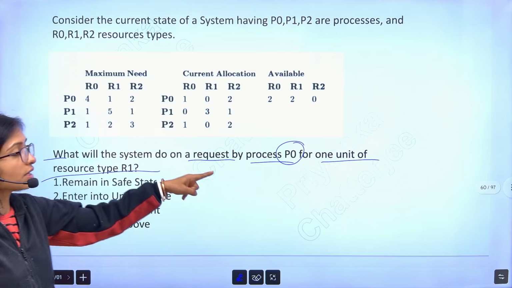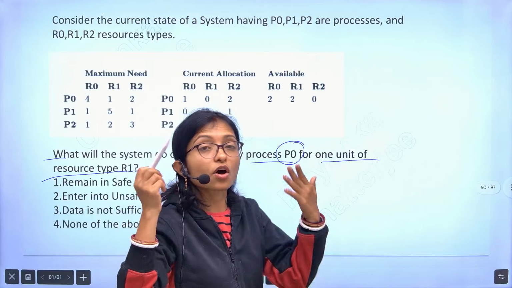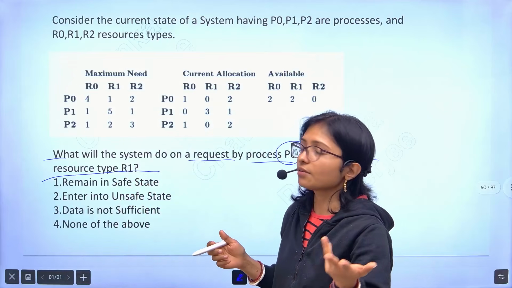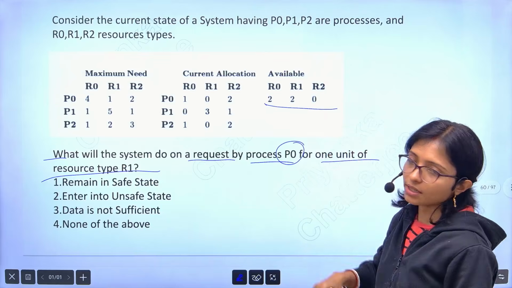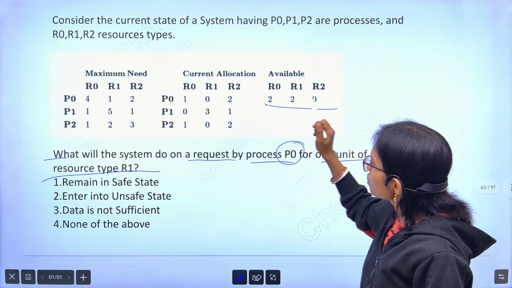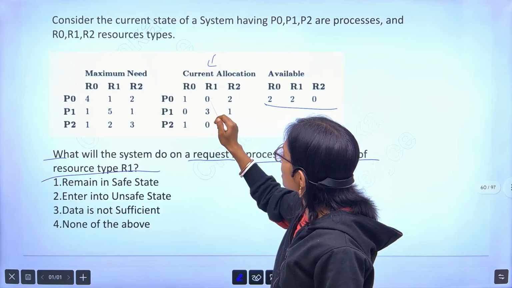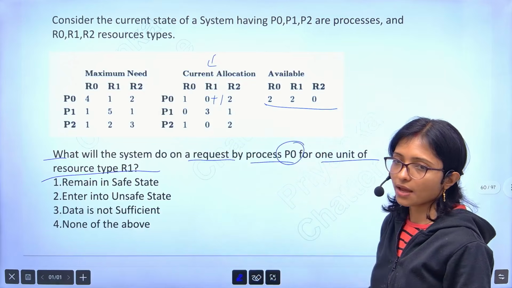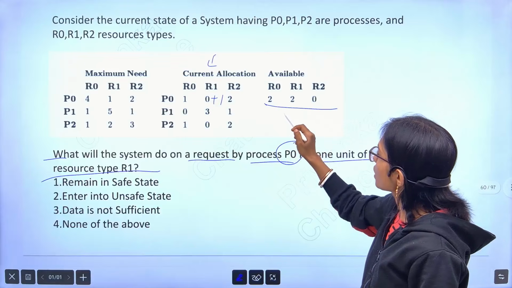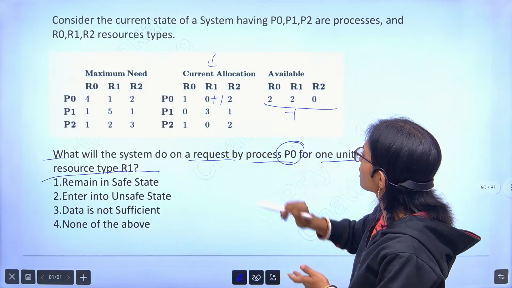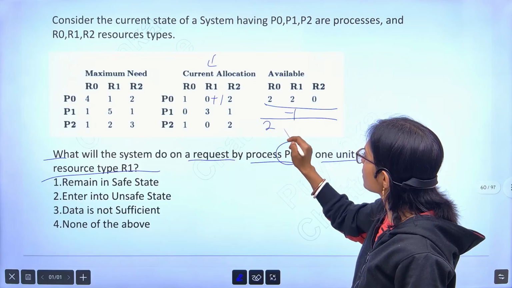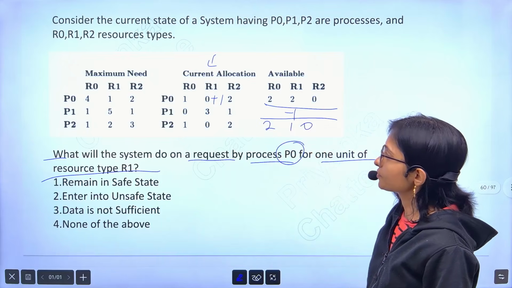Now I want one more extra. So from one more extra, from where I will give? I will give it from my availability. So this is my current allocation. Here I will add one more extra. As I am adding one more extra, I have to do minus here. Now my current availability will be 210.